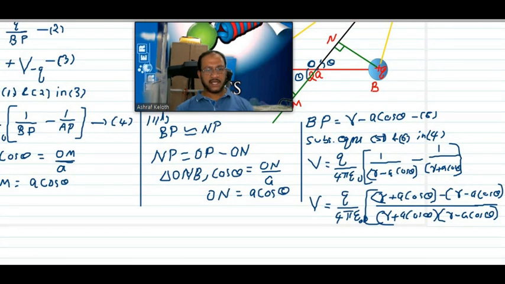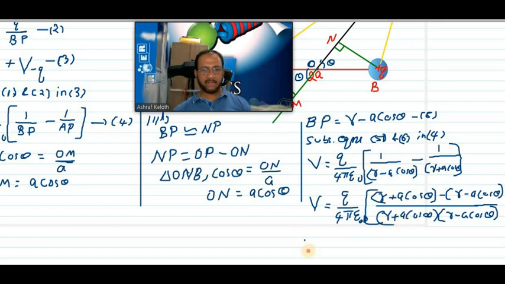In the numerator, plus R minus R cancel, and minus into minus becomes plus, so A cos theta plus A cos theta gives 2A cos theta. In the denominator, A plus B into A minus B is A square minus B square, so R square minus A square cos square theta.